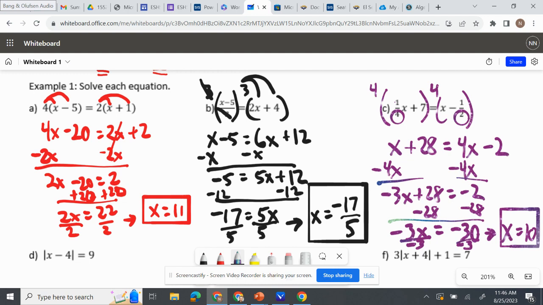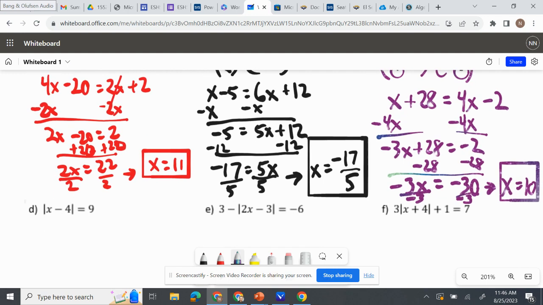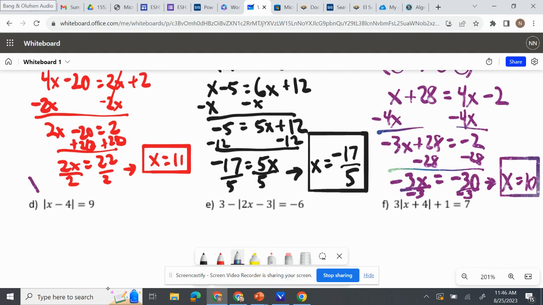Now we're going to move into the absolute value equations. Notice that these are different because we have the bars that we mentioned earlier. As I said before, the bars make everything positive, so that gives us a problem. We're not sure if the x minus 4 is a 9 or if it's a -9. The absolute value of 9 is 9. The absolute value of -9 is also 9. So we actually have two possibilities, and we're going to solve for each of those.